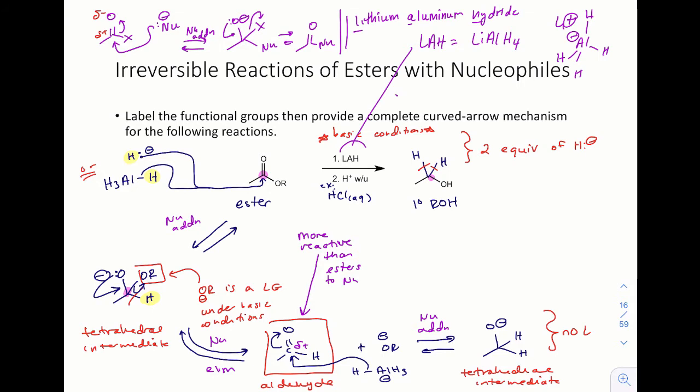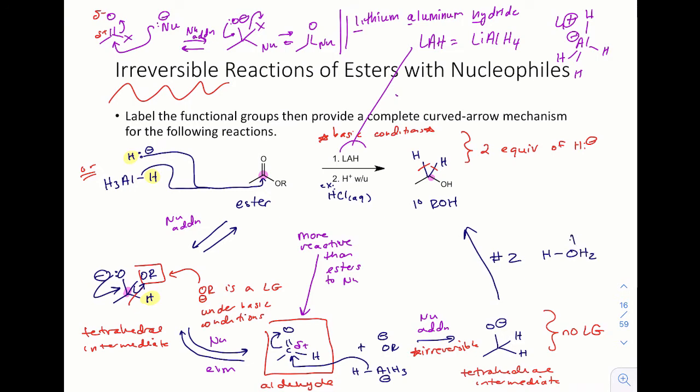Those are not going to be good leaving groups because they are not stable conjugate bases. So in fact, this is not a reversible nucleophile addition. It is irreversible because there are no leaving groups. So let's write that down. This is irreversible. Hence the title of the slide. So when this alkoxide intermediate is generated, that's it until the acidic workup.